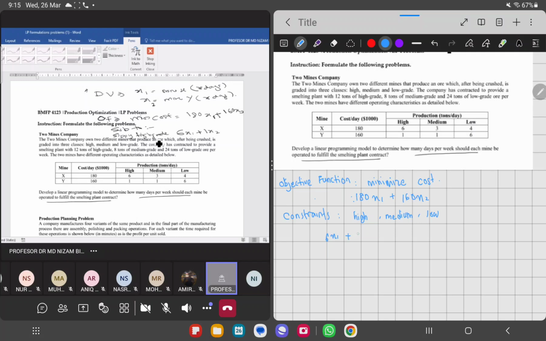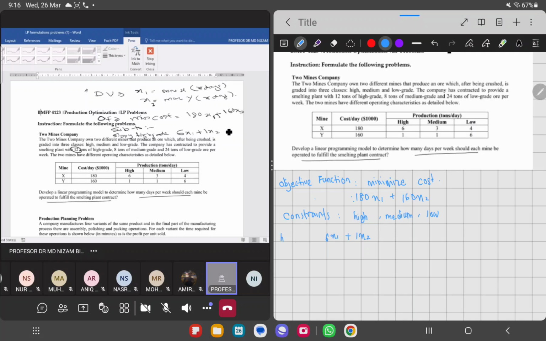And what is the constraint for the high grade? It is 12 tons, right? They have promised a smelting company they're going to deliver 12 tons of high grade ore.